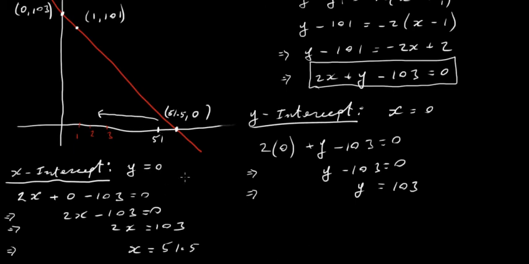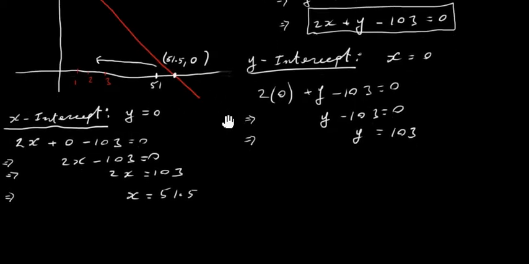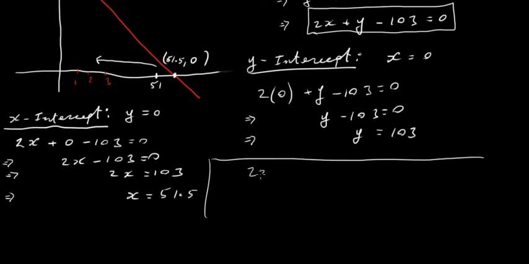Now, if I put 51 into my equation, 2x plus y minus 103 equal to 0, instead of x, what y will I get?